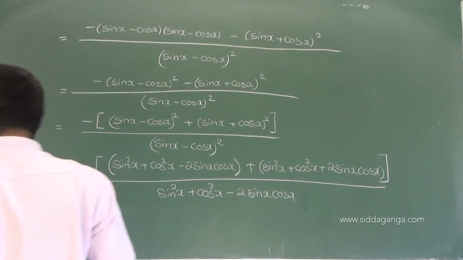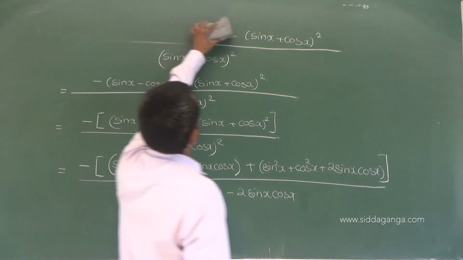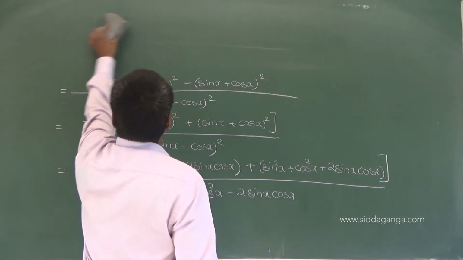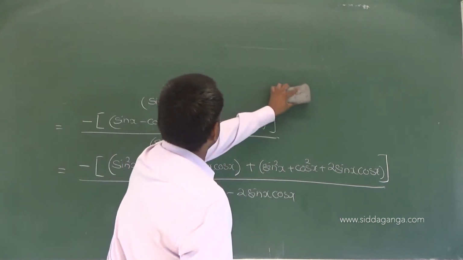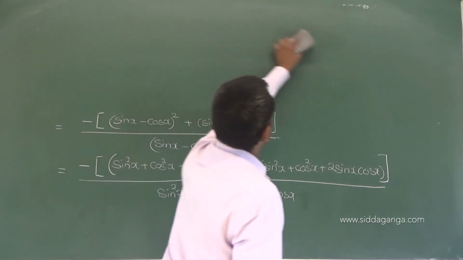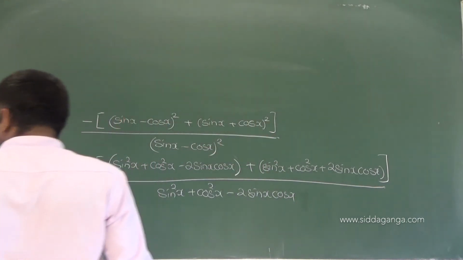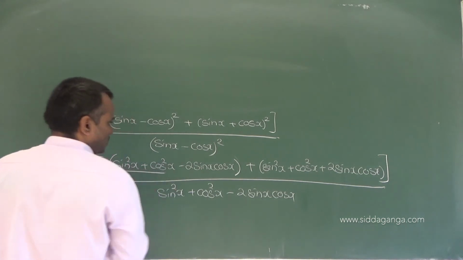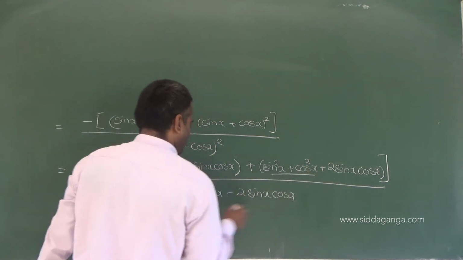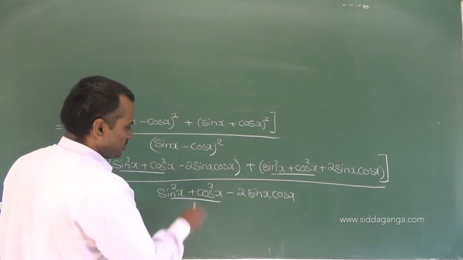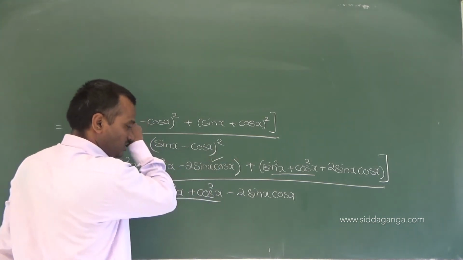Observe the steps. Sin square x plus cos square x is 1. Sin square x plus cos square x is 1. Sin square x plus cos square x is 1. 2 sin x into cos x is sin 2x.